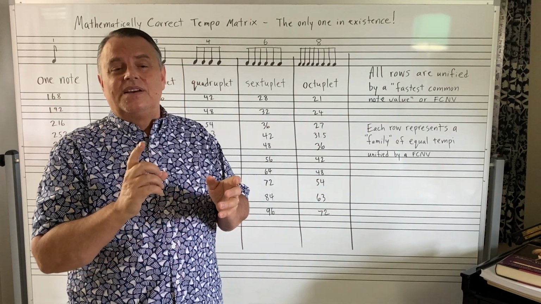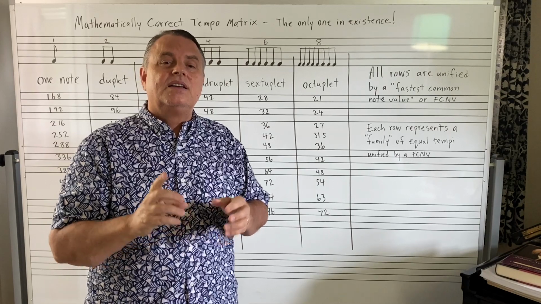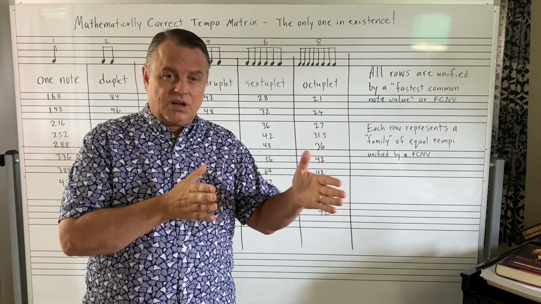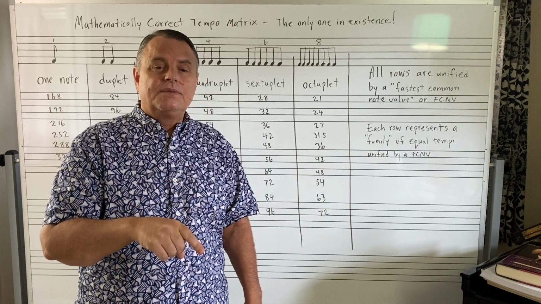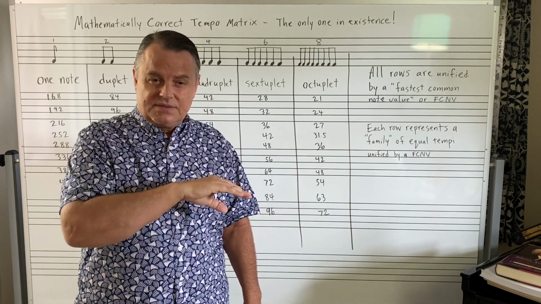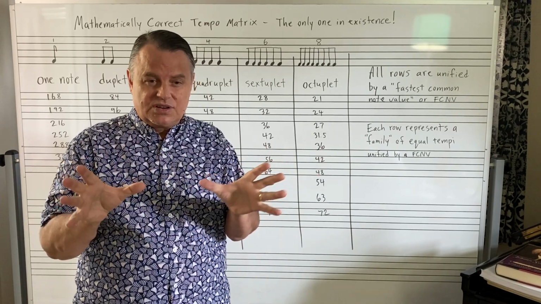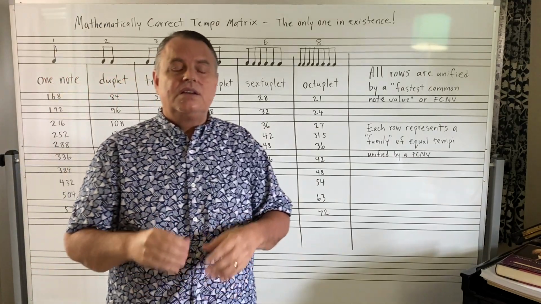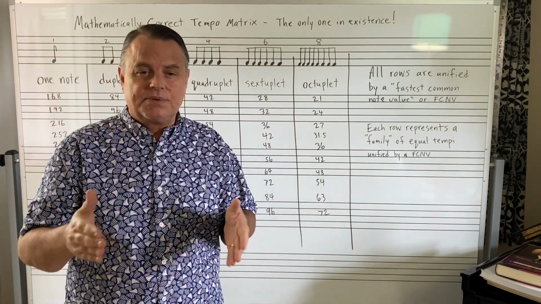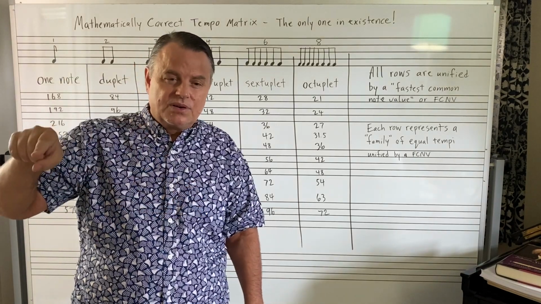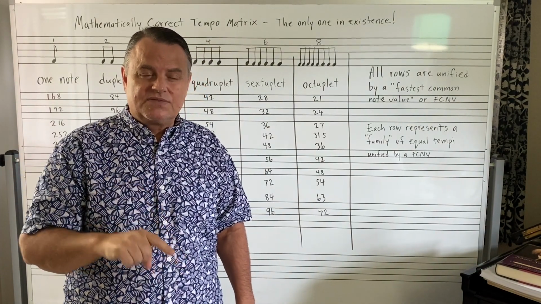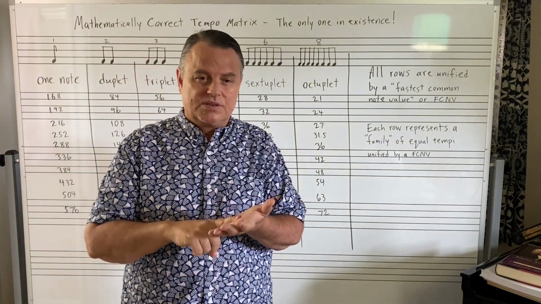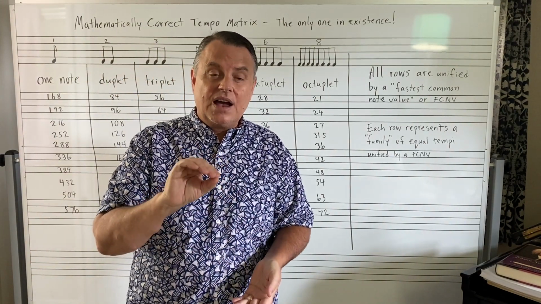So the first thing we have to realize is that if Bach was a musical scientist and a musical architect, and if he planned his durations to be related, as explained in the previous video, then he must have known his tempi in beats per minute. Now we can go a step further. If he knew his tempos in beats per minute, they had to have been integers or whole numbers. So we can't deal with fractions.